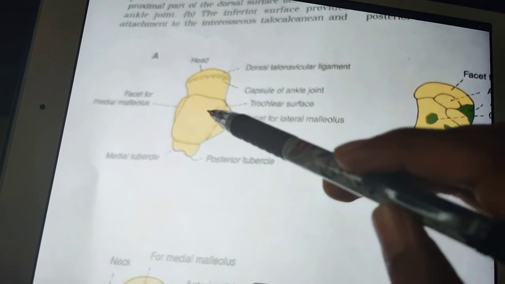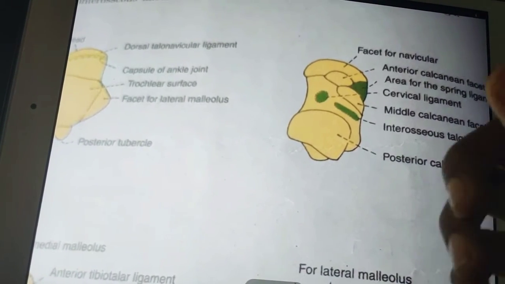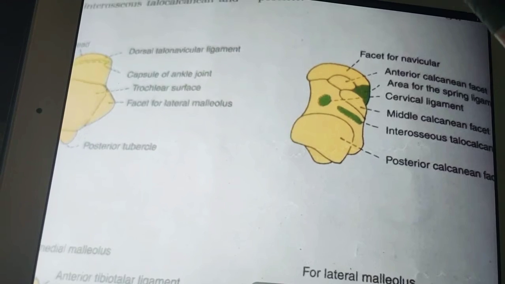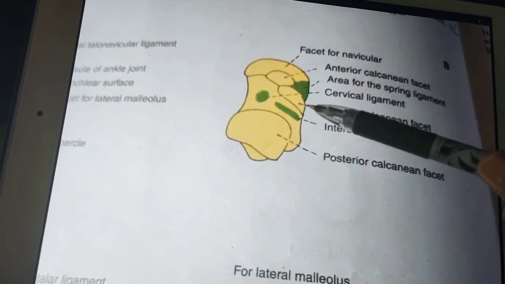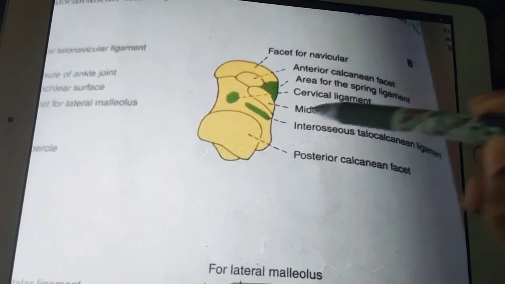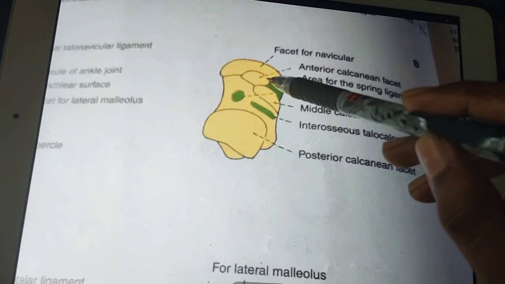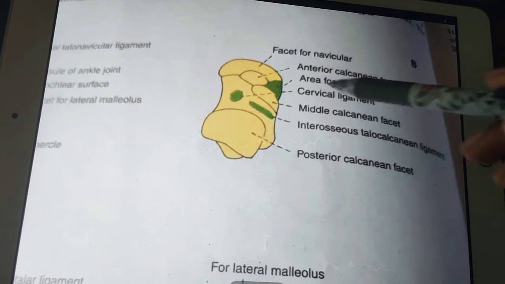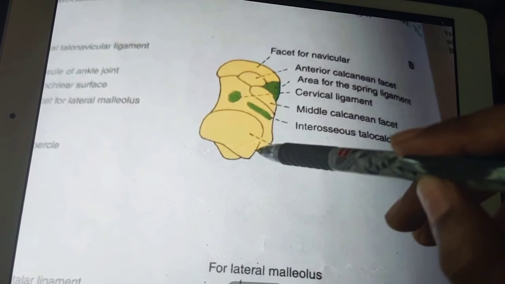Next, coming to the inferior surface, it is mainly marked by 3 articular areas, and these are separated by indistinct ridges. So let us find out what those 3 articular areas are. You can see here clearly, first you have the facet for the navicular, and also the anterior calcaneal facet, next one is the middle calcaneal facet, and the third one is the posterior calcaneal facet.